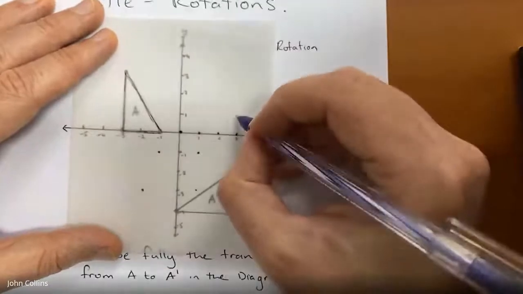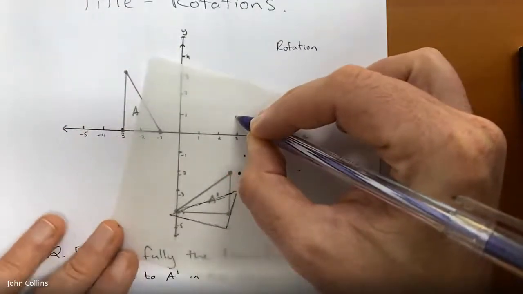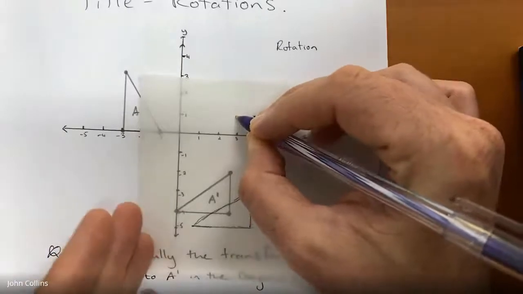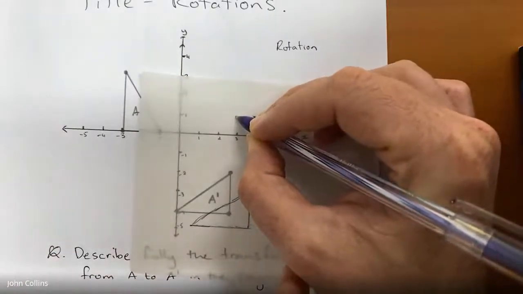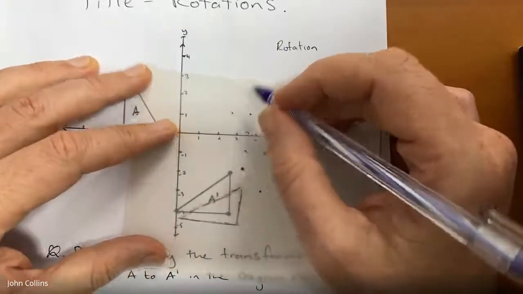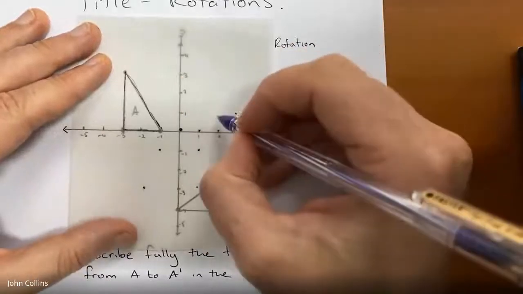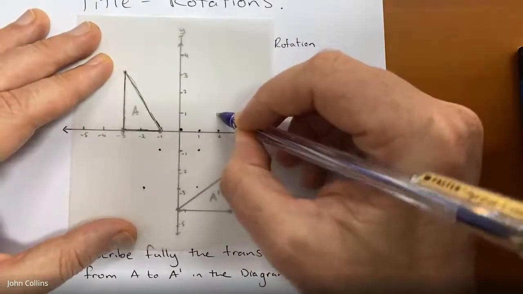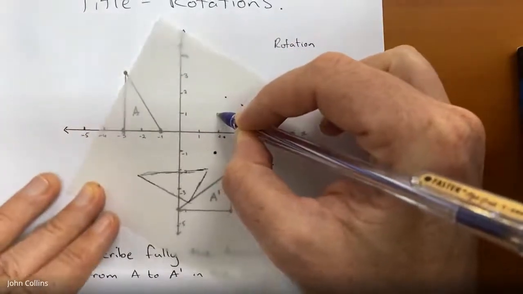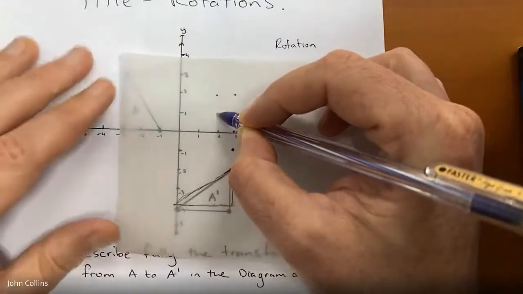Let's do 3, 1 first. Spin, spin, spin. Oh, that's close, but it's a bit too far to the right. So I think 3 was too far to the right. I think 2, 1's in with a chance. Let's put it back. Let's try 2, 1 as our center. 2, 1 here. Spin, spin, spin. I think we have it.